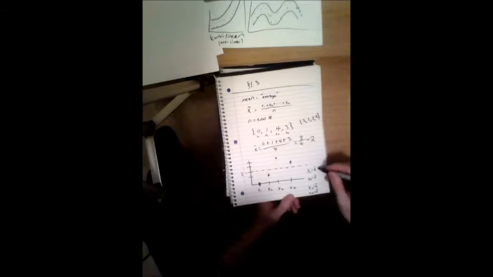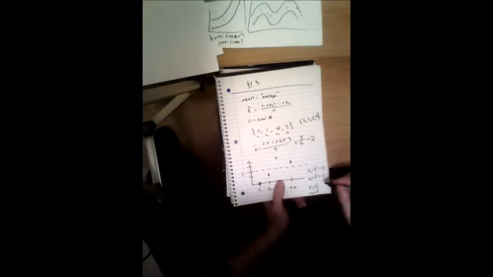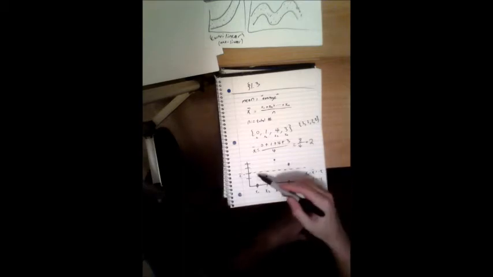If I were just to add these things up, this is what we get: 0 minus 2 is negative 2, 1 minus 2 is negative 1, and 4 minus 2 is positive 2, and 3 minus 2 is positive 1. So if I just added these things up, the unfortunate thing about it is it won't tell me much about the variability. You would add this all up, you would get 0. But I want all these distances.